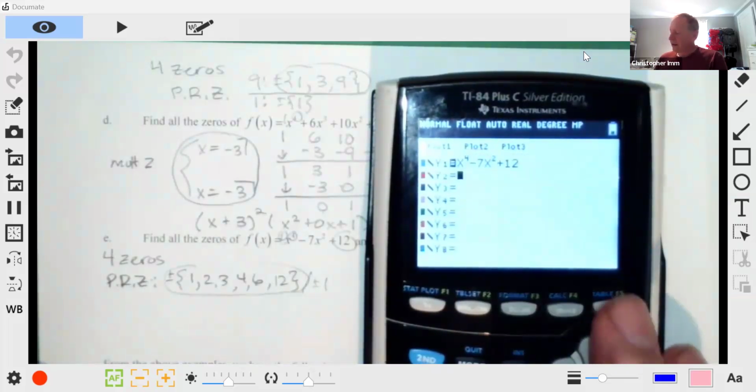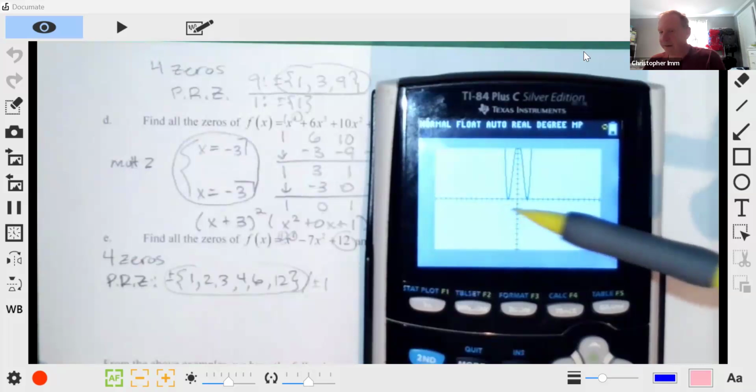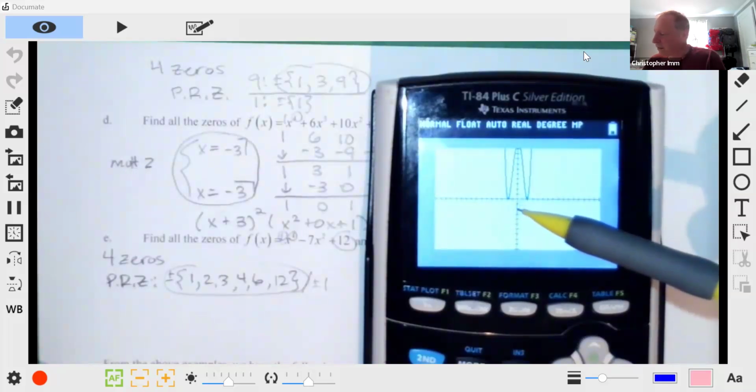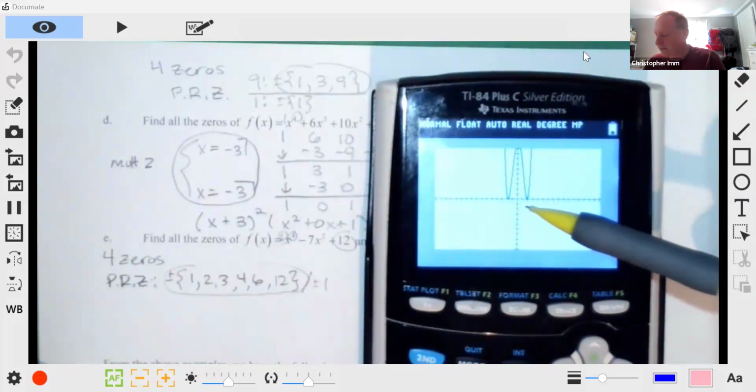All right, and we'll graph it. Okay, so I note here, whoa, it looks like there's 2 bouncing zeros here. This one looks like it might be at -2, and this one looks like it might be at +2.